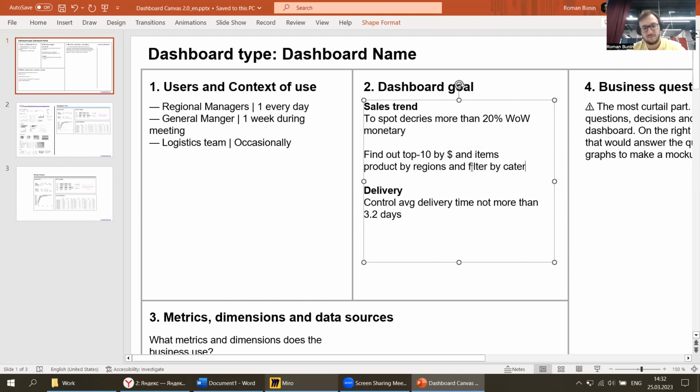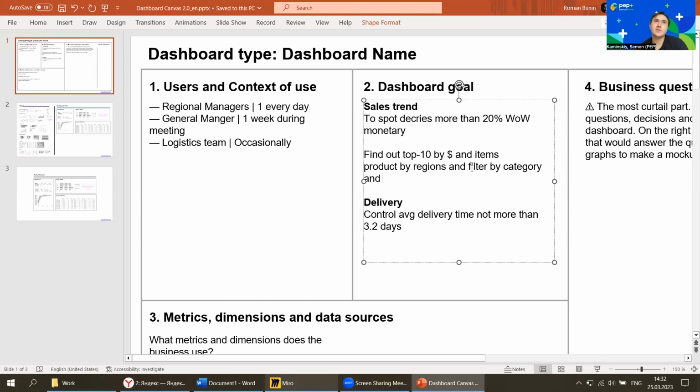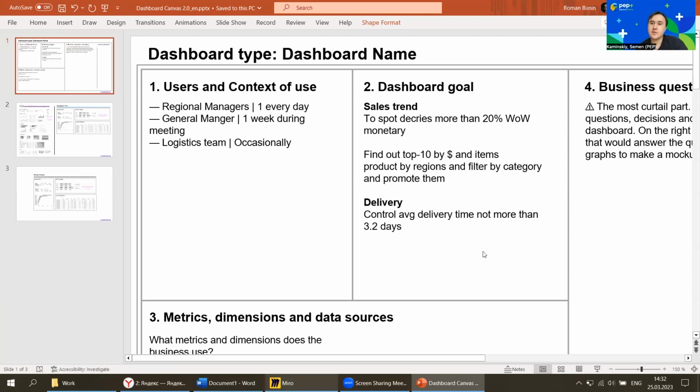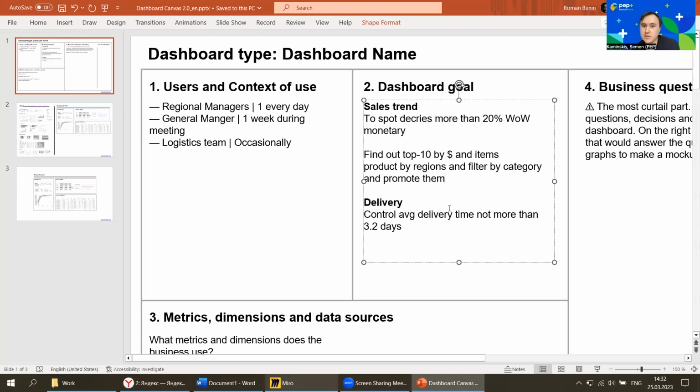Does anyone want to add something more to the dashboard goal? I would say that you also mentioned analyzing promo activities, and maybe we could add some graphics on the efficiency of the promotions.